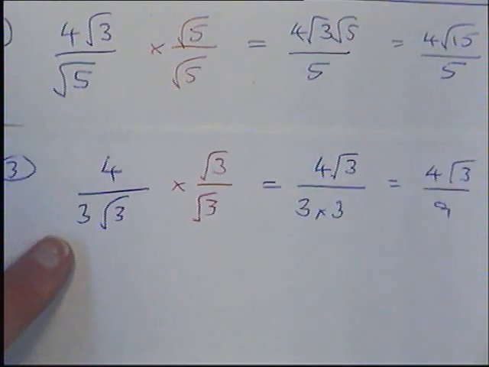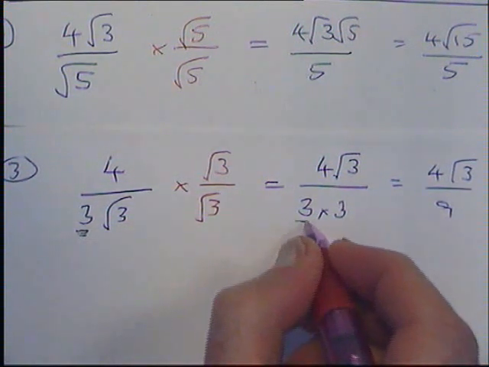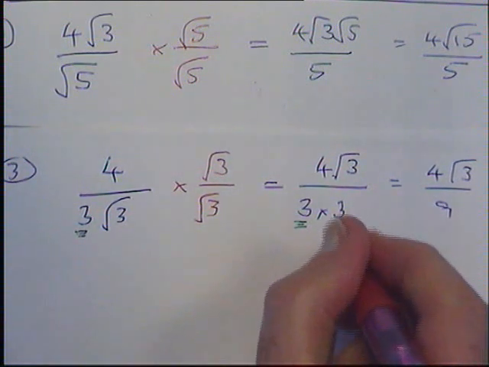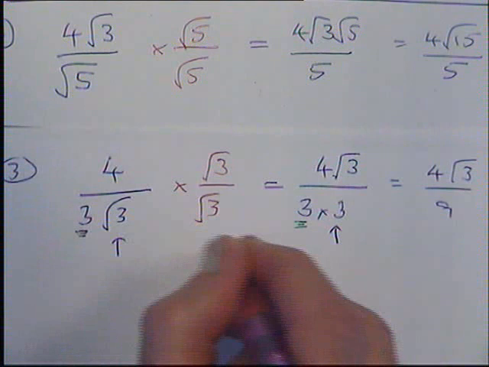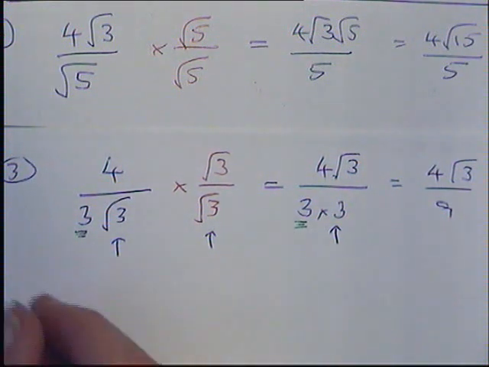So I get 4 lots of root 3 over 9. So that root 3 there has come from that root 3 times that root 3. And that'll be the final answer over there. We all okay with that so far? Okay, moving on then.